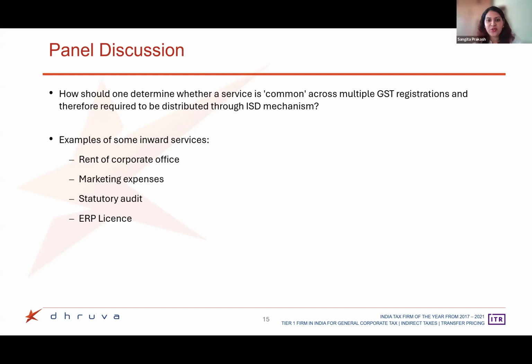This is such a vast topic in itself. And I don't think this session would even do justice to the number of practical scenarios we've all faced together. But having said that, it's difficult to define what common is for companies, because it differs basis sector, and it's very, very subjective. And that is why we haven't seen guidelines on how to determine common credits.